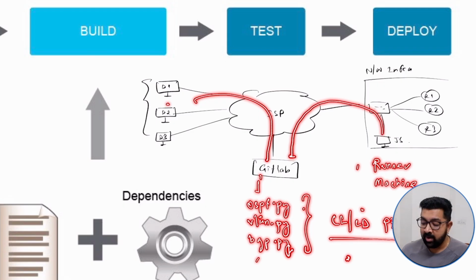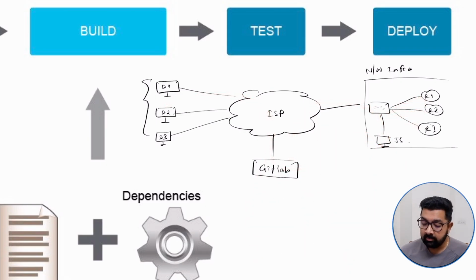Whenever that pipeline is triggered, GitLab will communicate and send instructions to execute these files to the jump server, and then the jump server will automatically execute those files, and eventually it will cause a configuration change on this device.